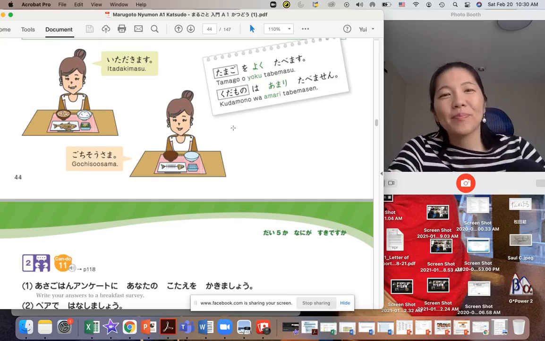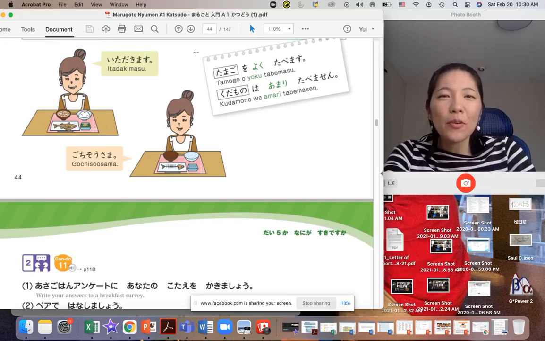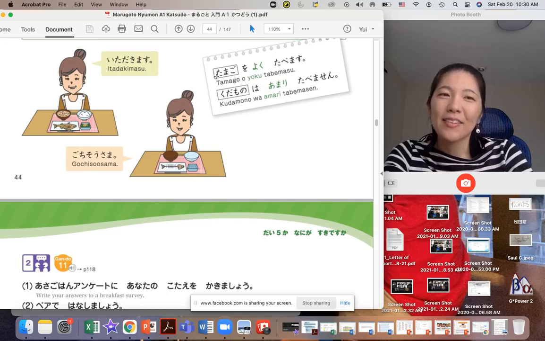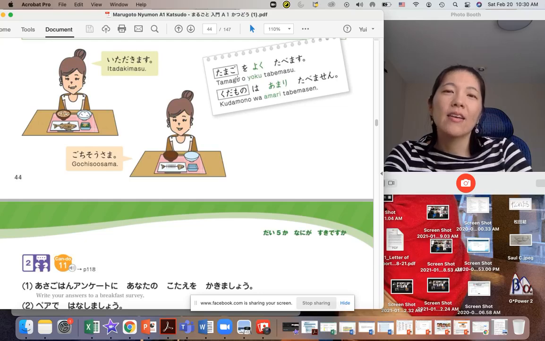But so this notebook thing, it says 卵をよく食べます。Tamago is egg. We looked at that earlier when we were looking at hiragana. Tamago, yoku. Yoku is often. 食べます, I eat.